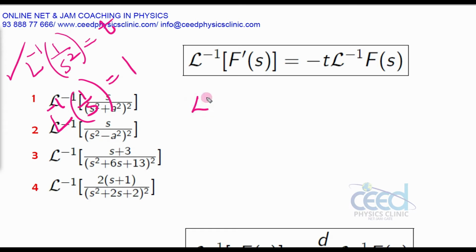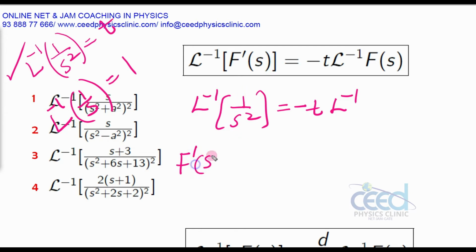I want to find Laplace inverse of 1 by s square using this shifting theorem. So what is the result? Minus t into Laplace inverse of f of s. F of s we want to find. So I am taking this f dash s as 1 by s square.